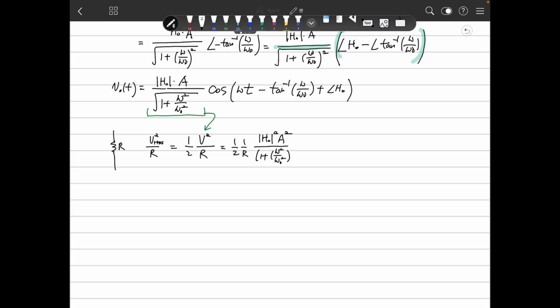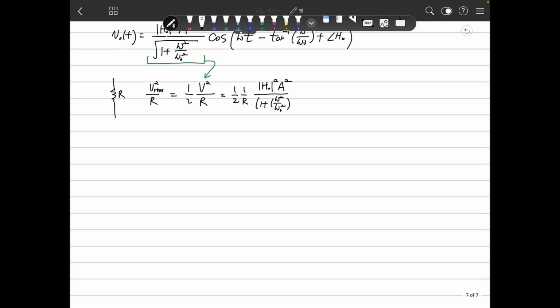So this will be the power consumed by R. So from here, we have very low frequency.